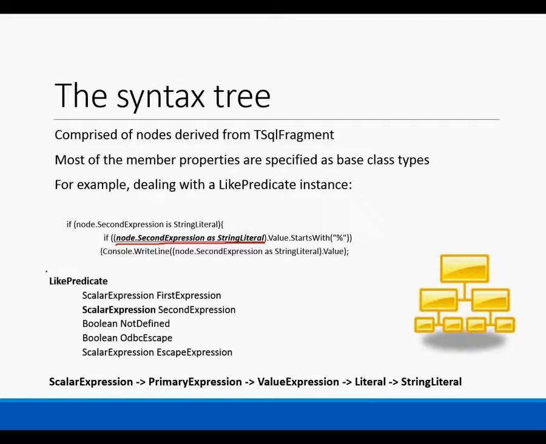So you'll notice here that the like predicate, for example, which is another class within the ScriptDom, has many members, right? So if you want to look for the strings which are passed to the like predicate, which begin with a % wildcard, then essentially what you're going to be looking at is this thing called the second expression. That's a member of the like predicate. But the second expression is of type scalar expression. And scalar expression is actually, again, an abstract class.